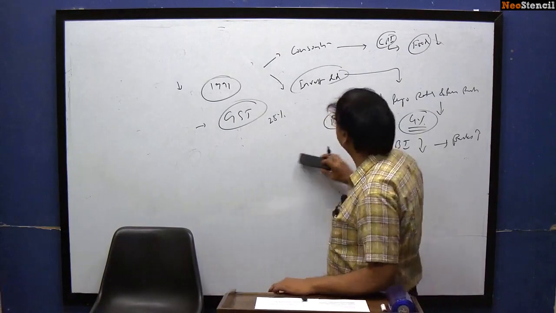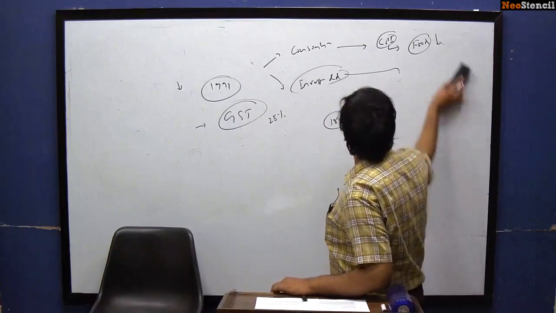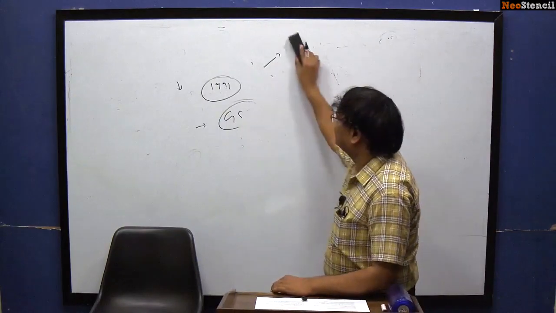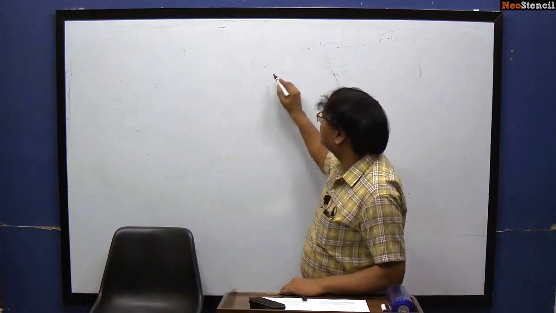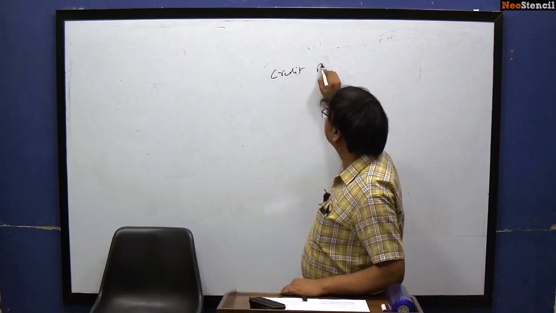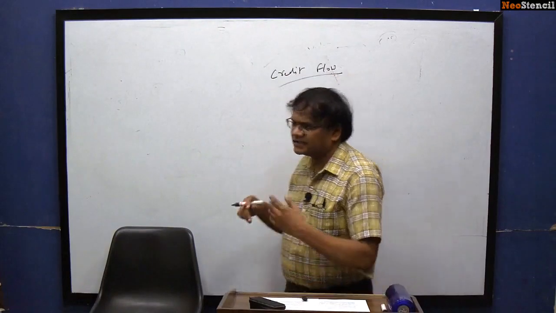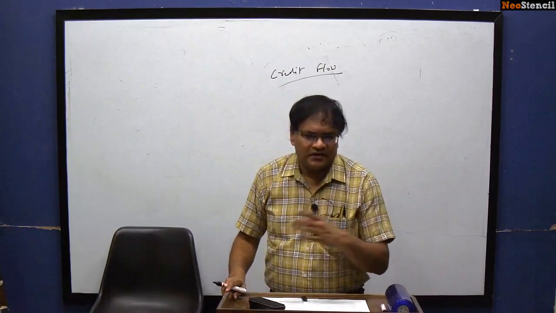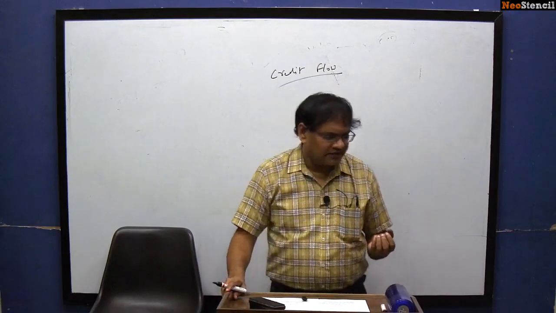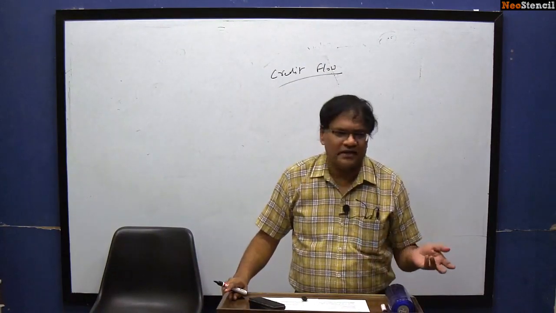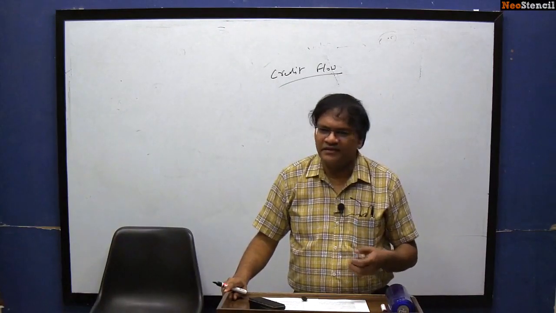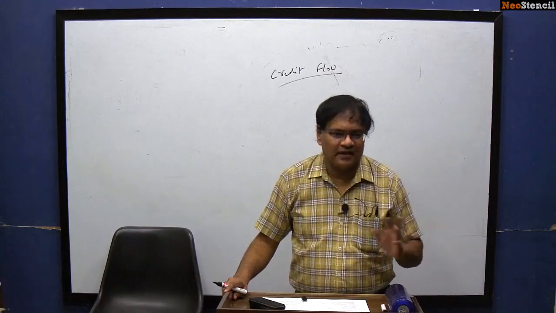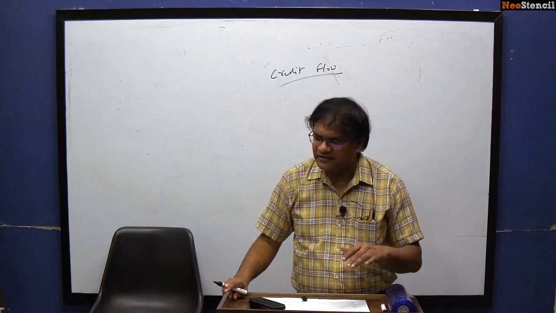Next, what else should the government do to revive this investment demand? The next thing the government should do is ensure more credit flow into the markets. Recently the budget has provisions to ensure more credit flow into the markets, especially to NBFCs which have been destroyed because of the collapse of IL&FS.